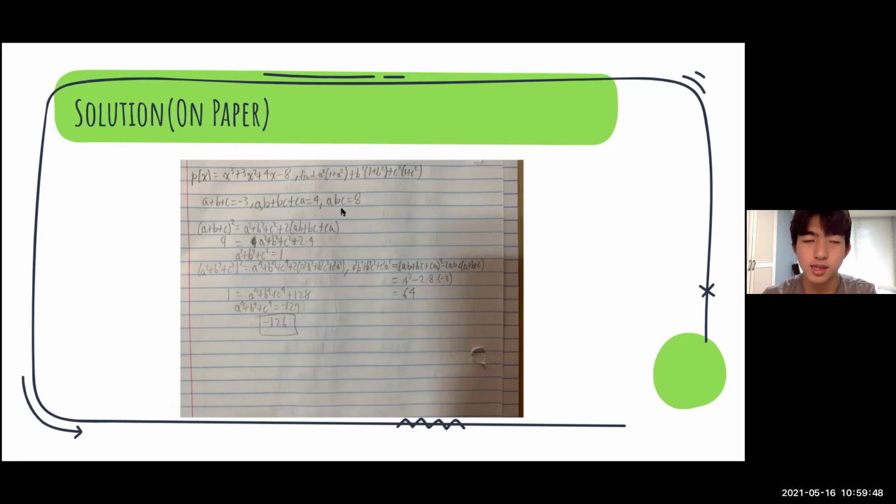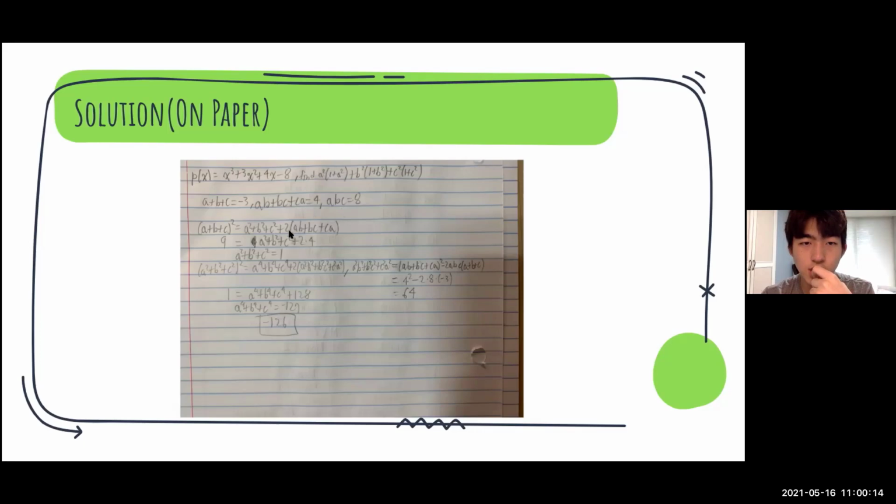With this, I found the sum of the three roots of p(x) equals -3, then ab plus bc plus ca, the sum of the products of the roots, equals 4, and abc equals 8.